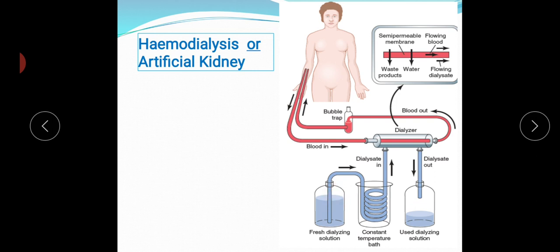Its composition is not the same as that of blood, but is maintained depending on the need, depending on the removal of metabolic waste products. When the blood passes through this membrane, the high concentration of metabolic waste products present in the blood will be removed into the dialyzer.